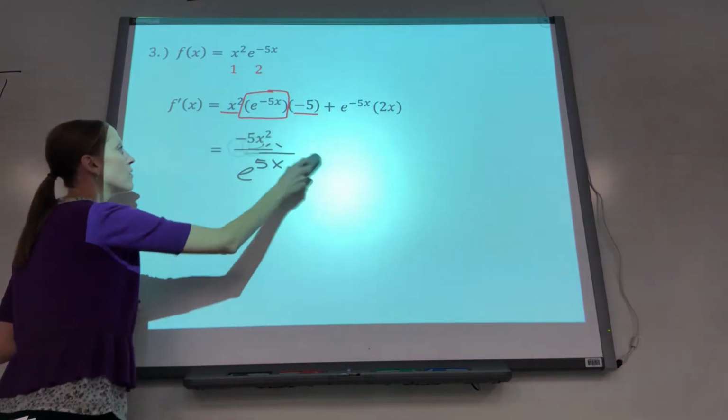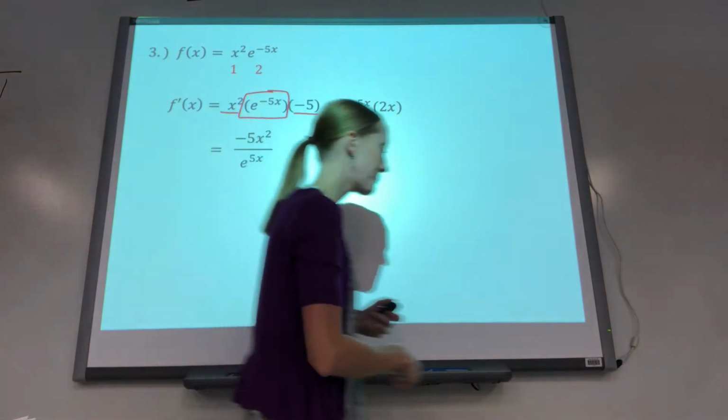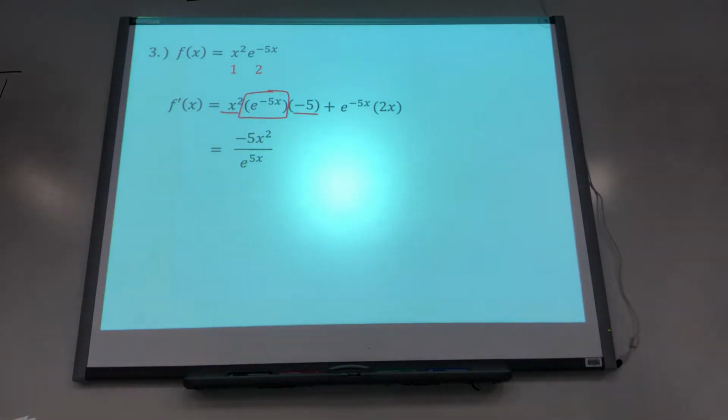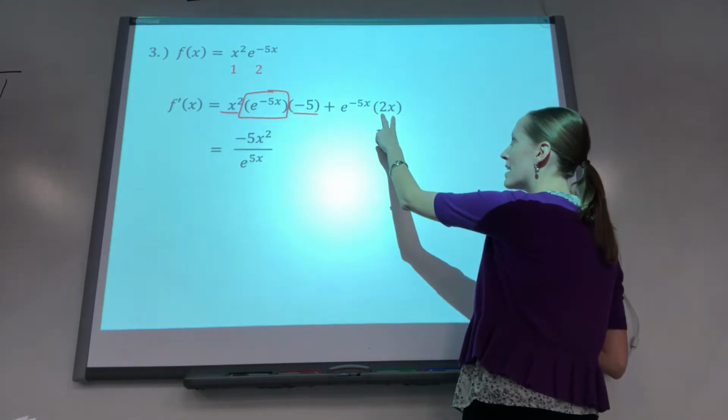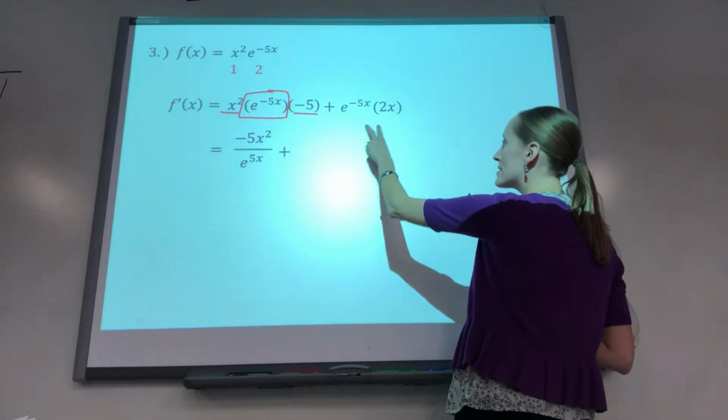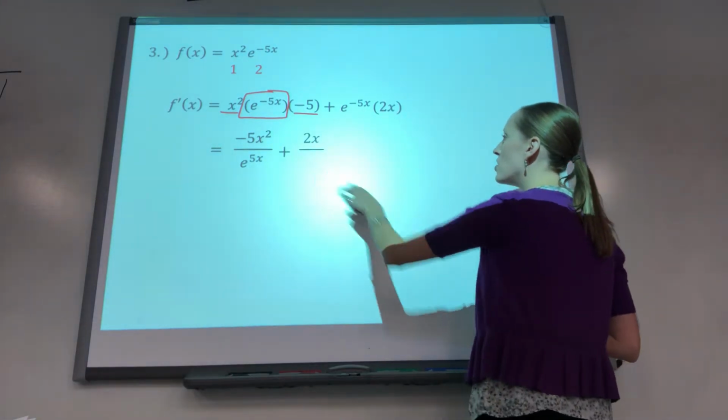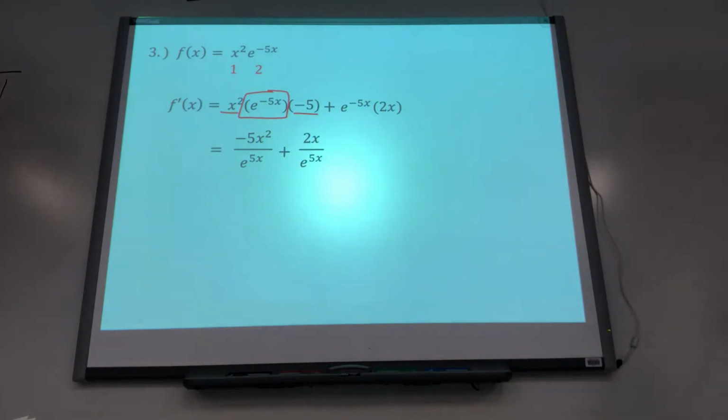So I'll probably rewrite that first part as negative 5x squared over e to the 5x. And same kind of thing back here. 2x can stay on top, but you can pull e to the 5x to the bottom.